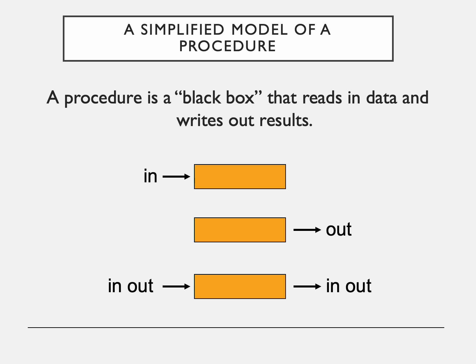You input data, something happens inside you don't need to worry about, and then you get an output. This abstraction helps in managing complexity by hiding the detailed operations inside the procedure and focusing only on the inputs and outputs.